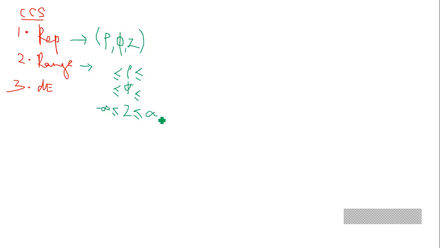Correct? Next, coming to the rho range, it starts exactly from the origin. It goes till infinity, positive values. And the cylindrical coordinate system looks like a circle-like structure, a cylinder, whose angle phi is 0 to 2 pi.